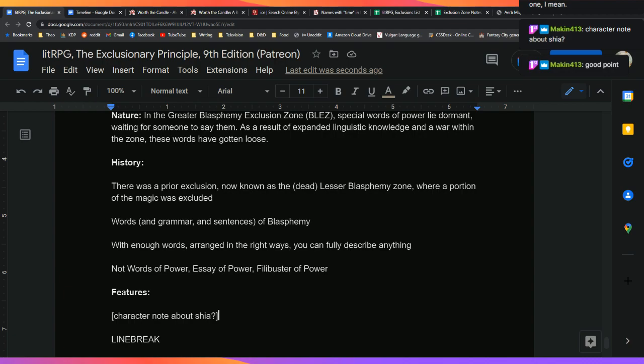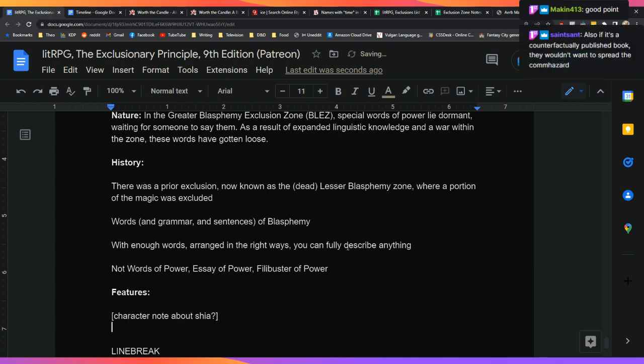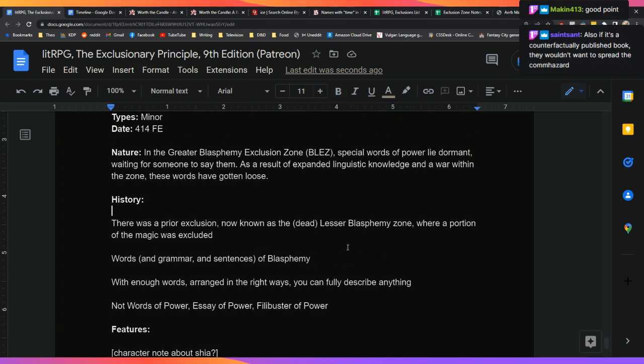I will probably think more about making a Juniper note. I find words of power boring. Not so boring I don't use them, but as tropes go, I have issues with them, which is good fodder for a Juniper note.